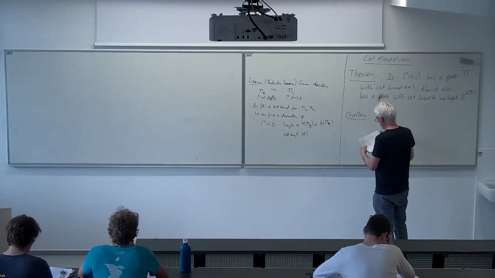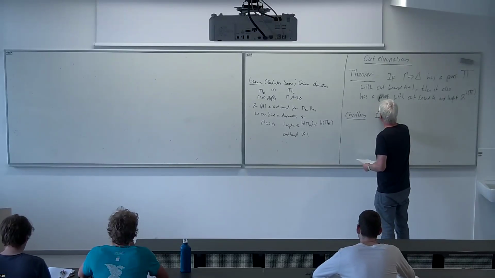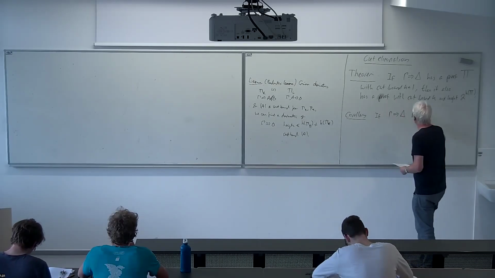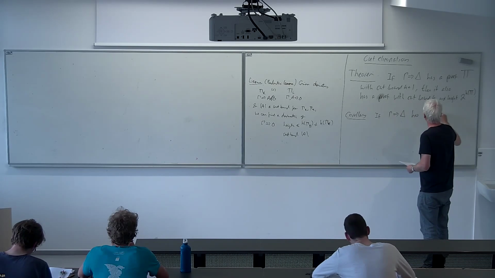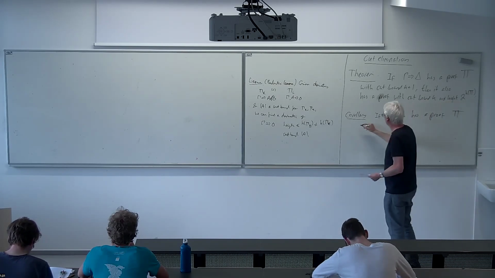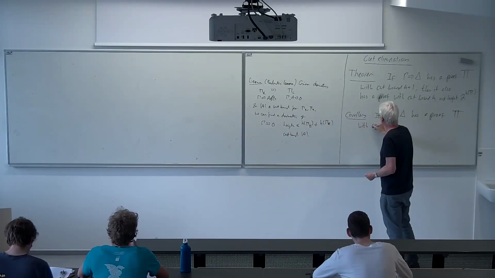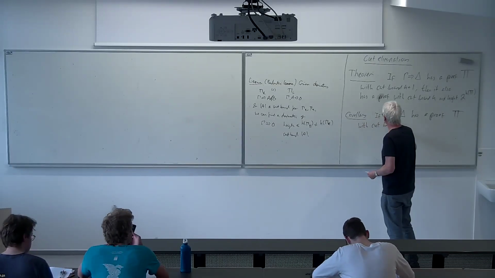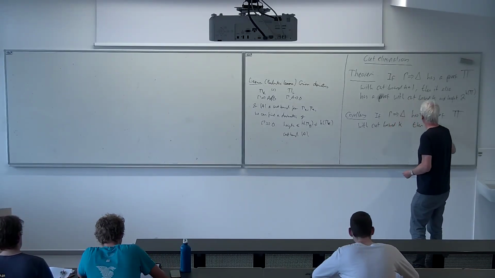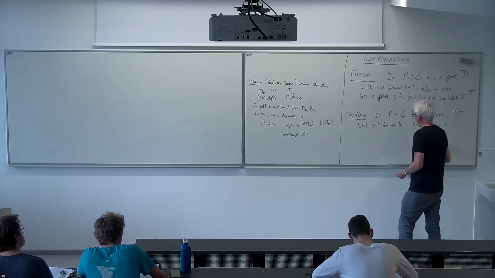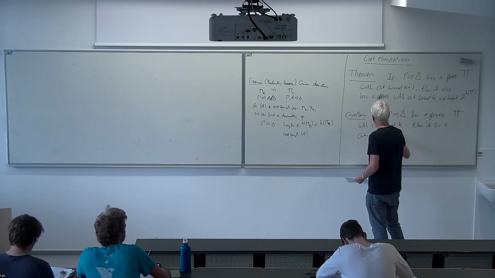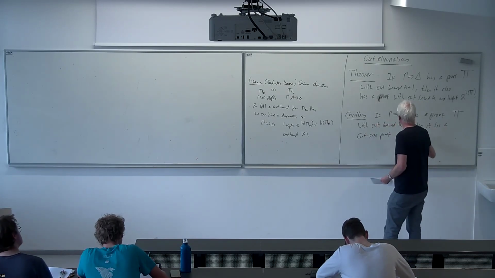So the corollary is, if a sequent has a proof with cut bound k, then it has a cut-free proof of height.